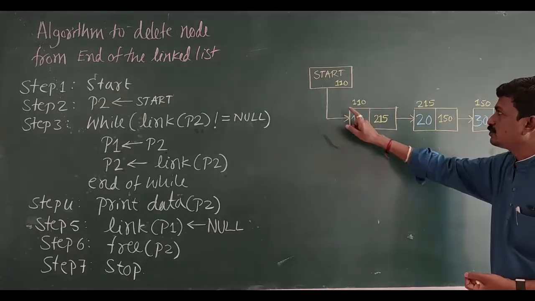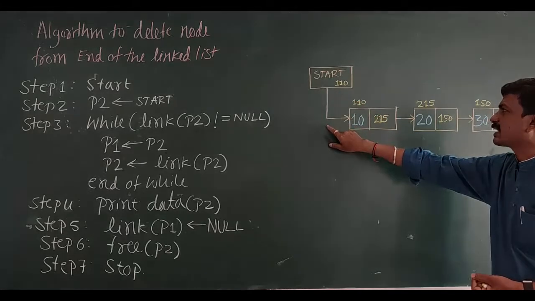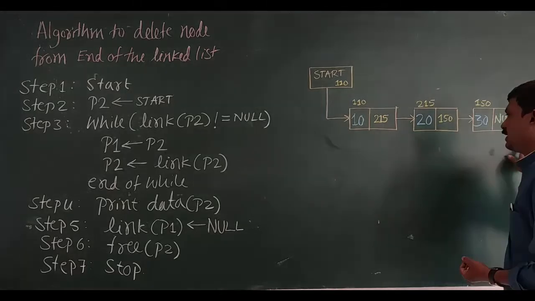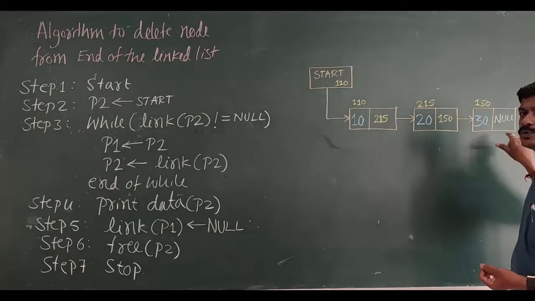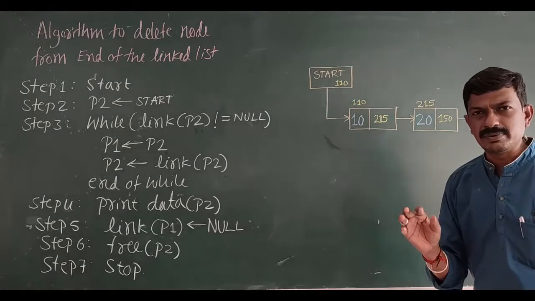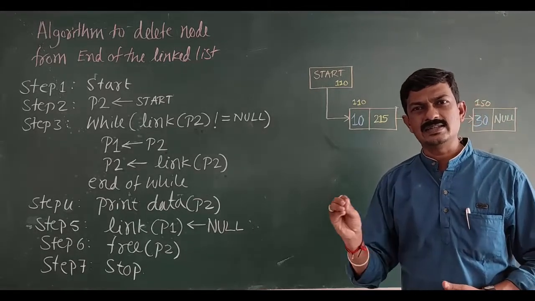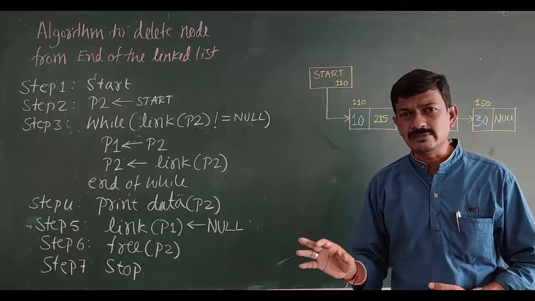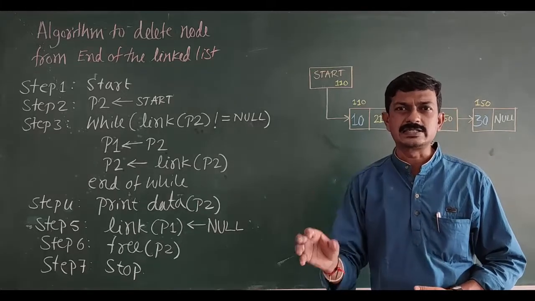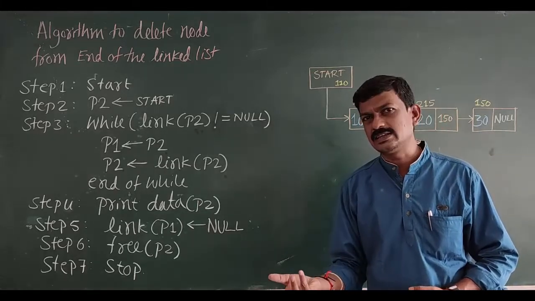For that, I need to start traversing from the beginning to the last node. How do we identify the last node? It is a simple concept. The node which contains the address value or address pointer as null is treated as the last node of that linked list.